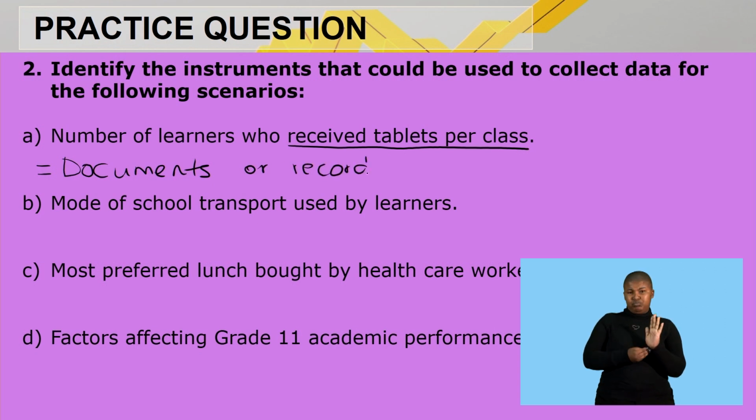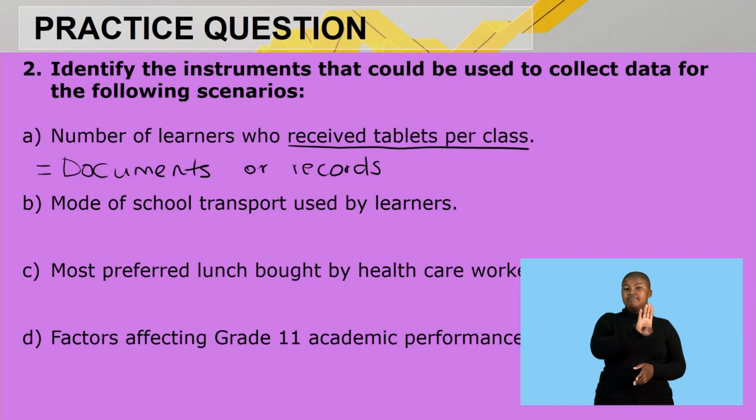Now, how are we going to use these instruments? For each learner receiving a tablet, there is a consent form issued together with the tablet to the parents, and they must bring it back to school. As we go through those forms given to parents, we can know how many learners received tablets per grade as well as per class.